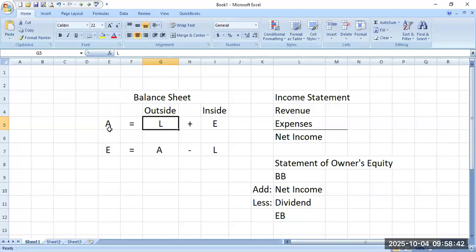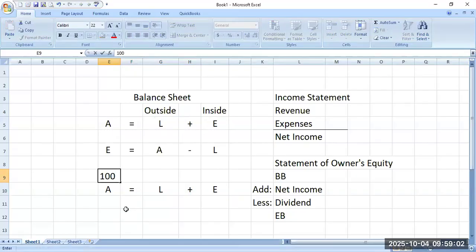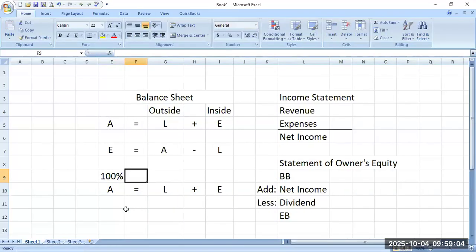Loss in the company. So the only way, watch this. If we have to express this basic accounting equation as percentages, correct? This one is always going to be 100%, correct? Assets are always going to be 100%.